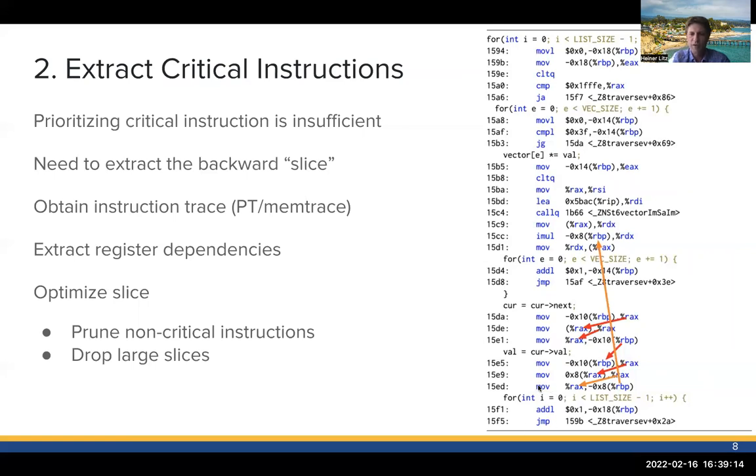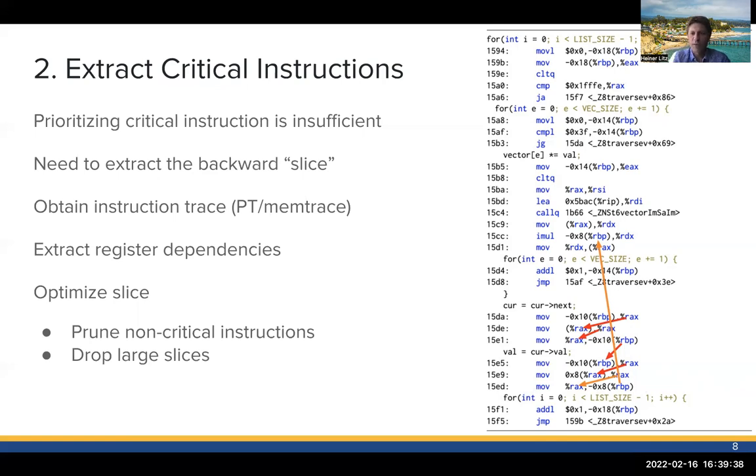This is a move instruction in that case of address 15ED. And then we analyze the source and destination operands of this and the further instructions to traverse backwards through our trace, extracting the entire slice in the process.